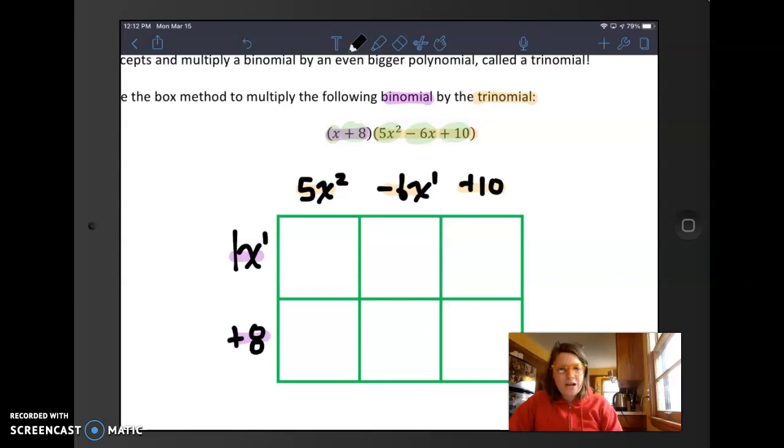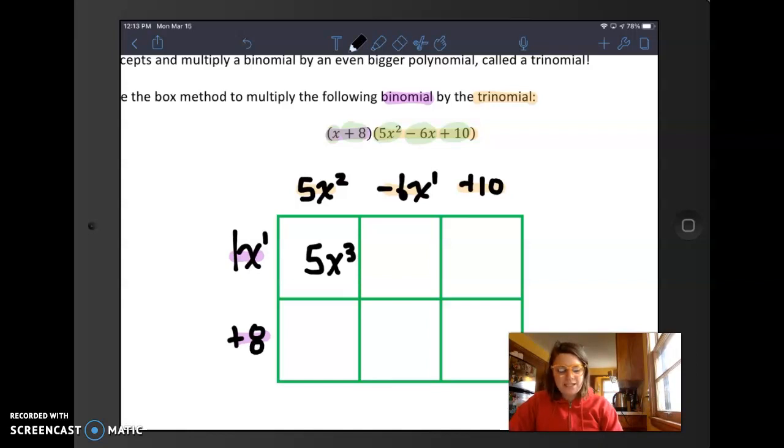So we're going to do 5x squared times 1x to the 1 and put the answer in here. Multiply the 5 times the 1 to get 5, and then you add the little numbers. So you're going to do the 1 plus the 2 to get x to the 3.